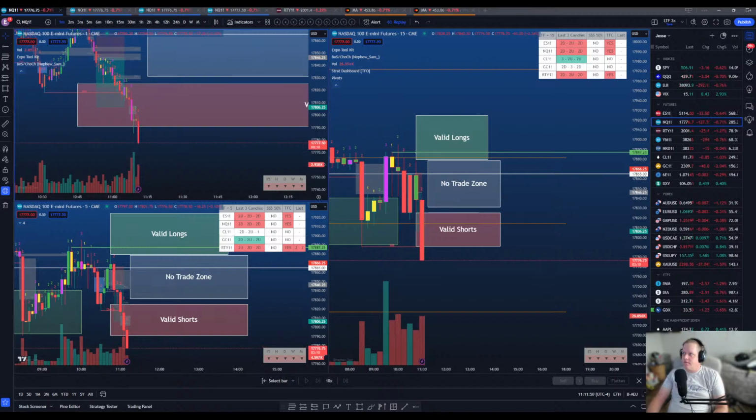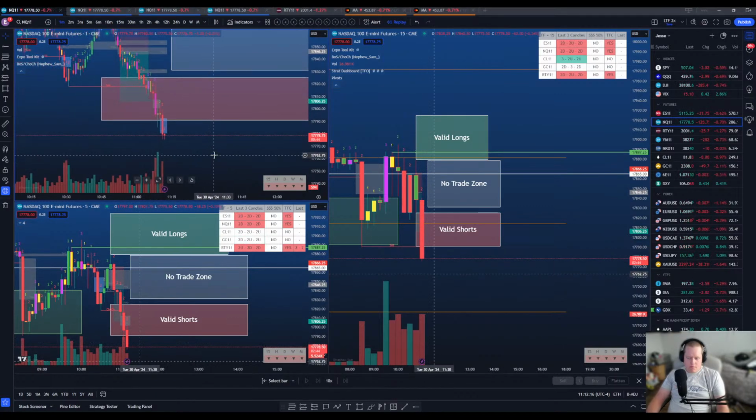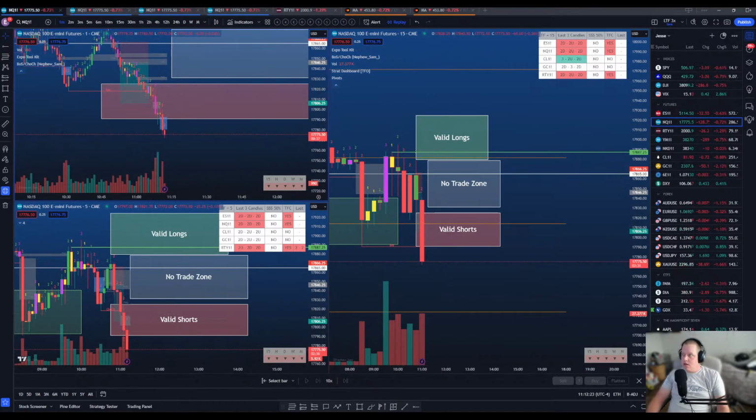Gotta stick to it. Plus, I'd find the first failed 2 down of this whole move, except there was one right here. You know what I could do is buy options, though. I could. Holy moly.